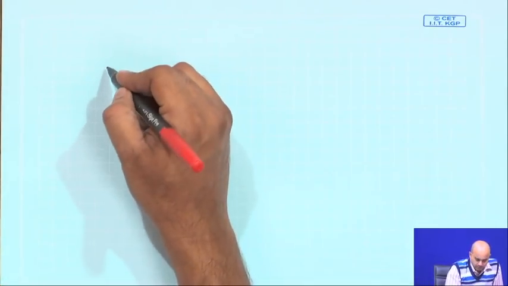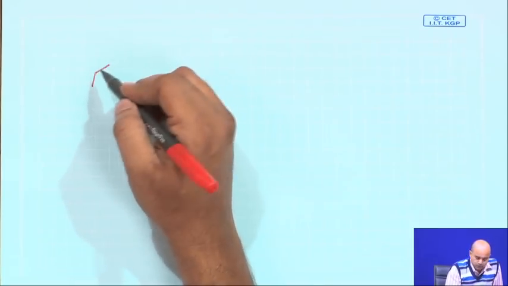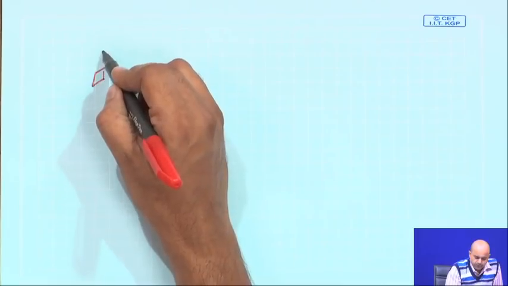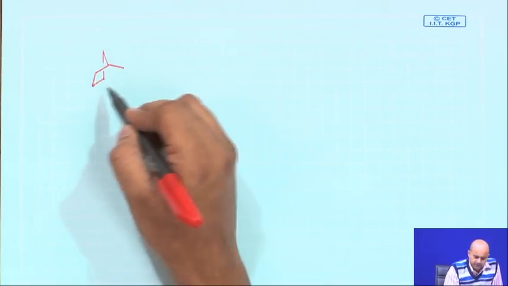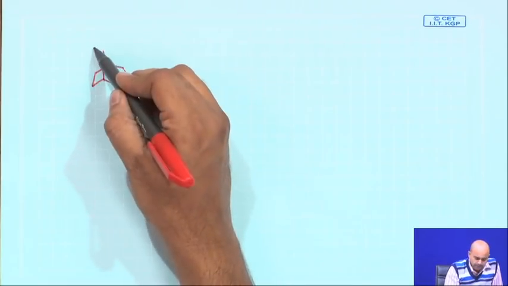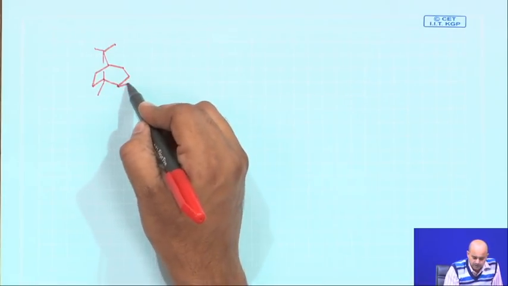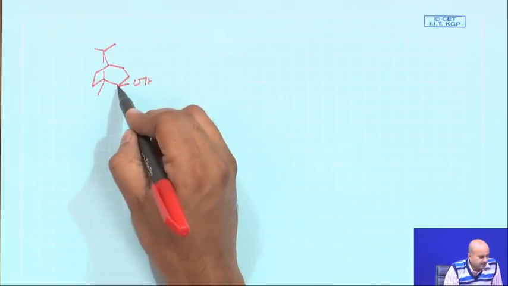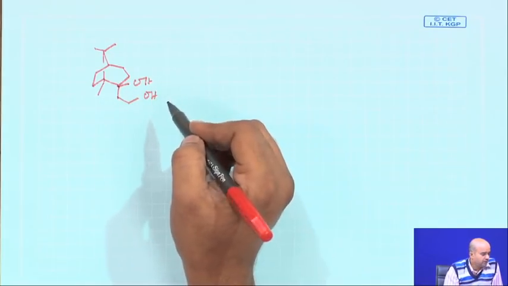So, we will try to have more problems which can also be fitted in the same line. The compound is a bicyclic bridged bicycle with a 1,3 diol.